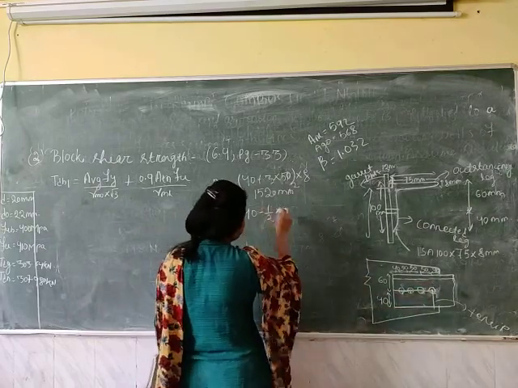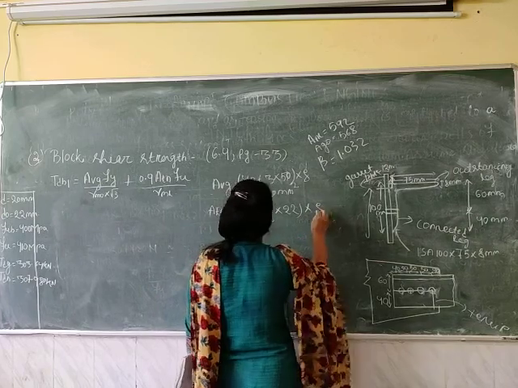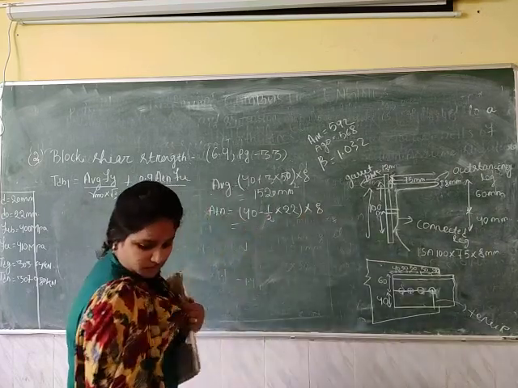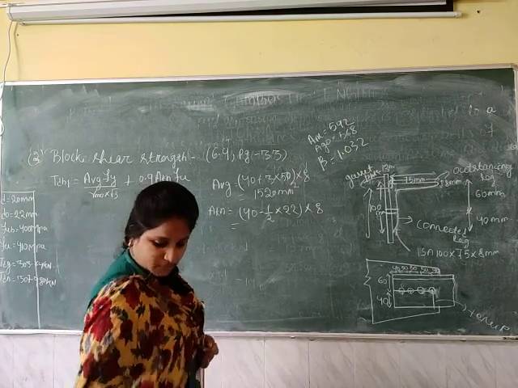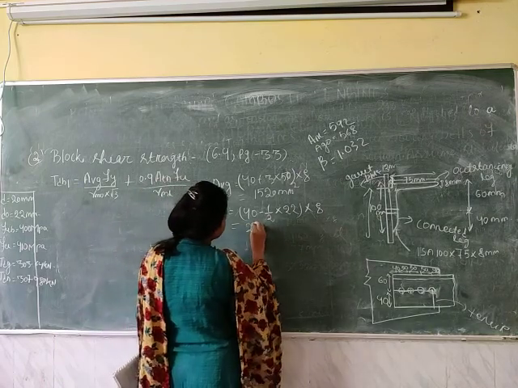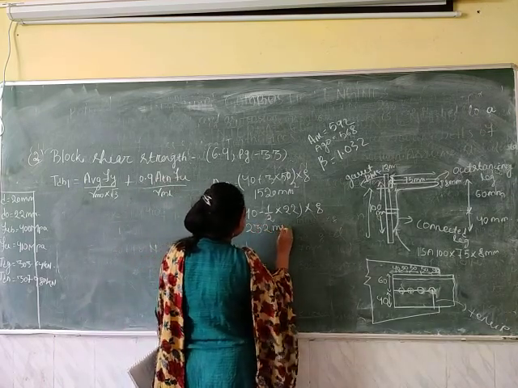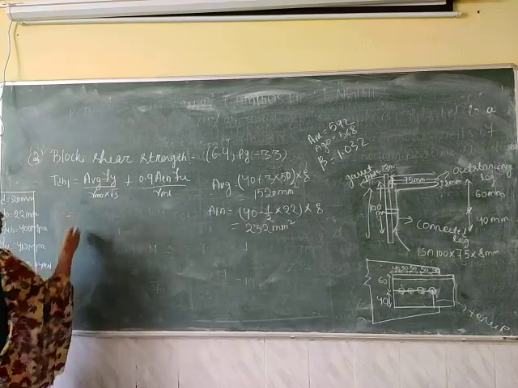So the bolt hole dia is 20 mm into thickness is 8 mm. So the value is 232 mm square. Okay, so put the values.